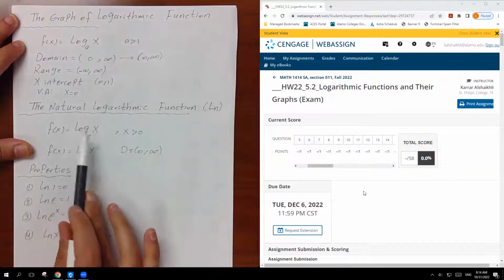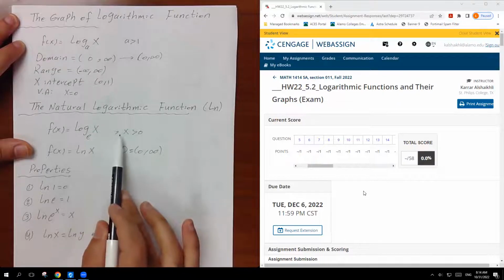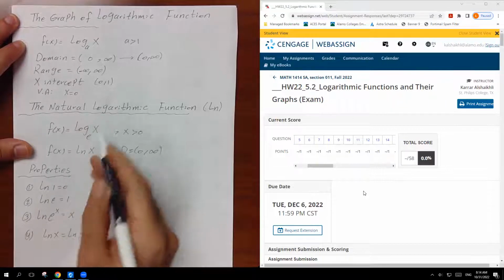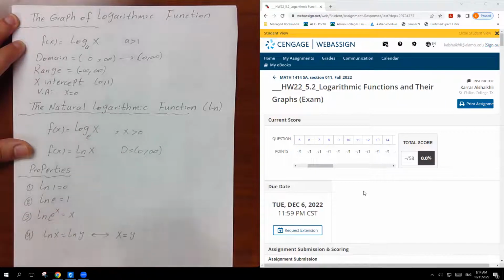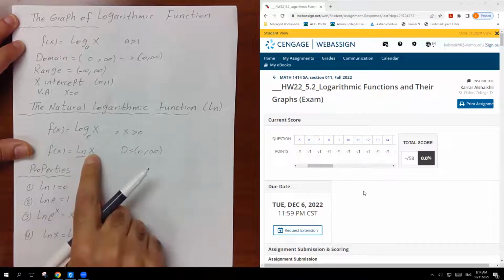So log to the base e of x, and x greater than 0, you can always change this to ln, which is the natural logarithm. So f of x equals ln x.